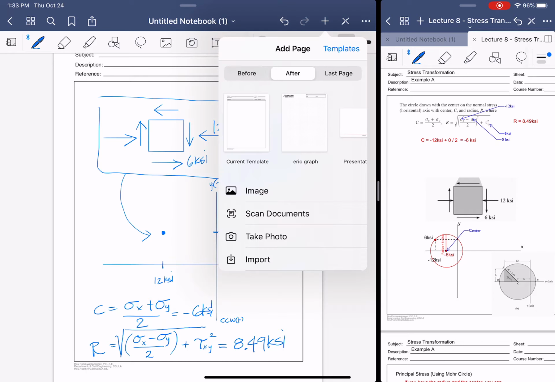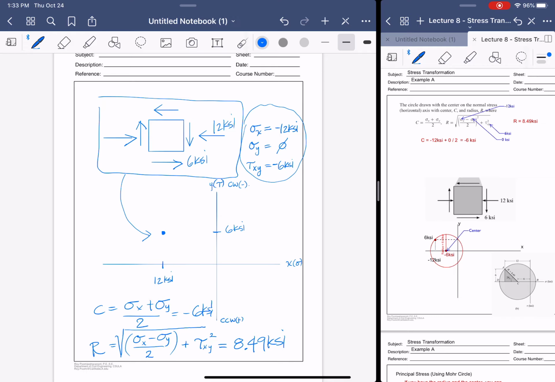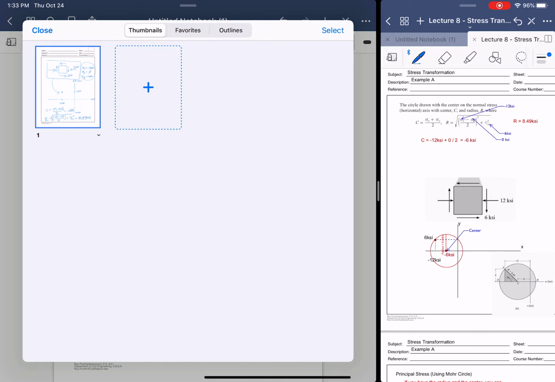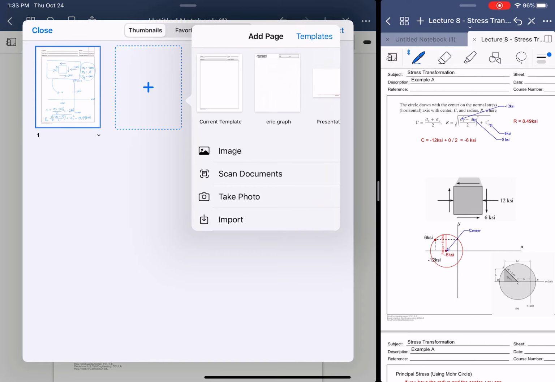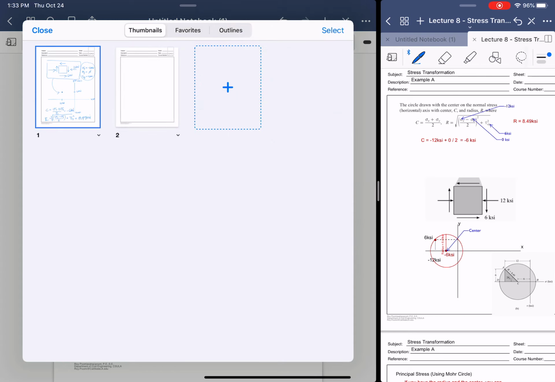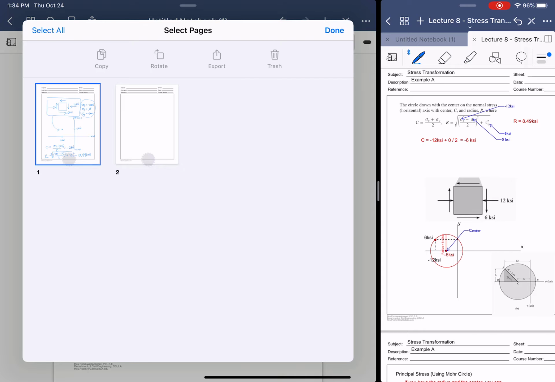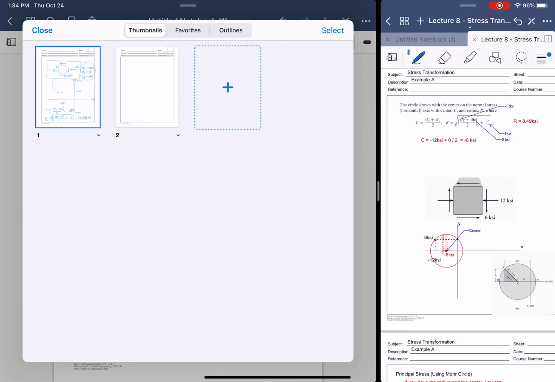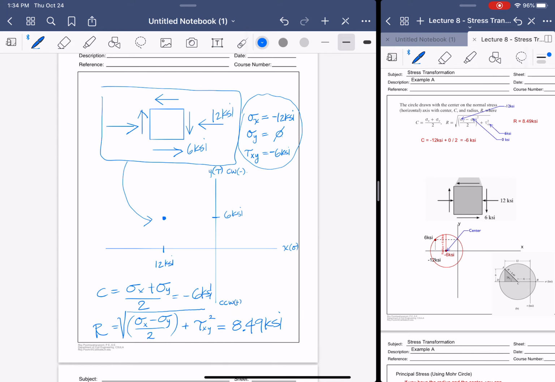So what I'll do is I'm going to try to clean this up now, right? I'm going to go ahead and, let's see, templates before. Current template. I'm just going to add one. Okay, select, close. All right, we're going to just copy this.